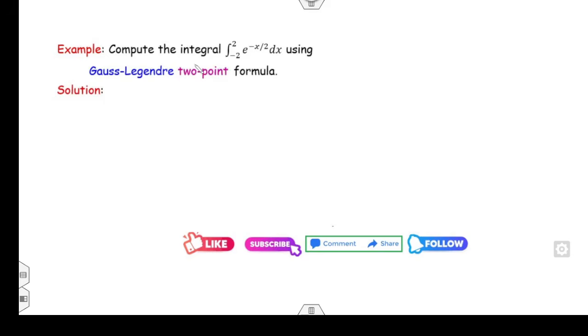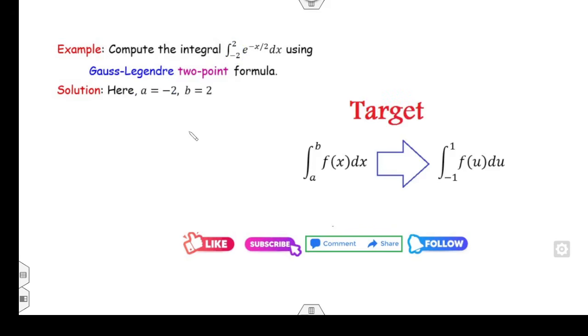Look at the second one. Again, your target is to solve using the Gauss-Legendre 2-point formula. But you can see the domain is not minus 1 to plus 1. The lower limit is minus 2 and the upper limit is plus 2. So your first target is to convert the limits a to b to minus 1 to plus 1. How can you change them?